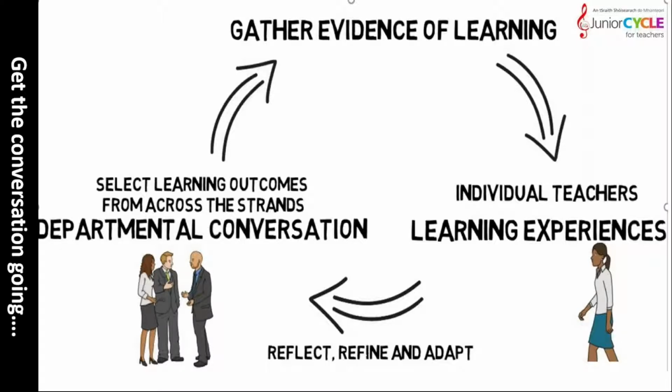In this case, the content in every single classroom selected by individual teachers could be different, but they are still exploring the same learning outcomes. The teachers then come back to the department and give feedback. By reflecting, refining, and adapting their approaches, they move forward, more informed and with better understanding, and the cycle begins again.